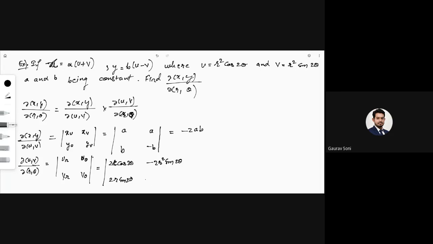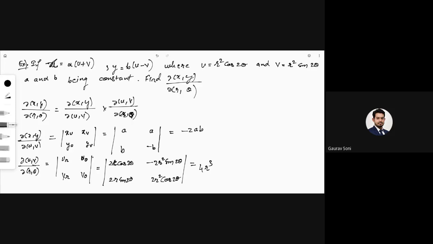And v with respect to theta is going to be 2r square cos of 2 theta. So 4r cube will come outside first of all. And then in the bracket cos square 2 theta plus sine square 2 theta, that will become 1.